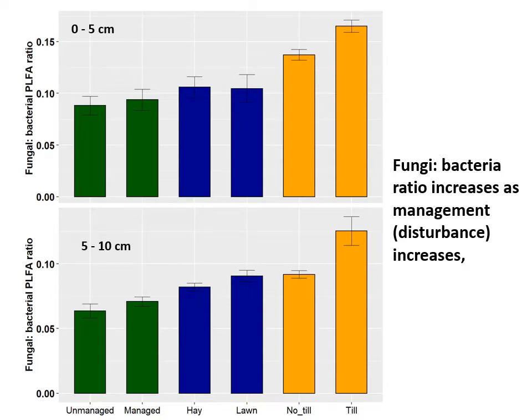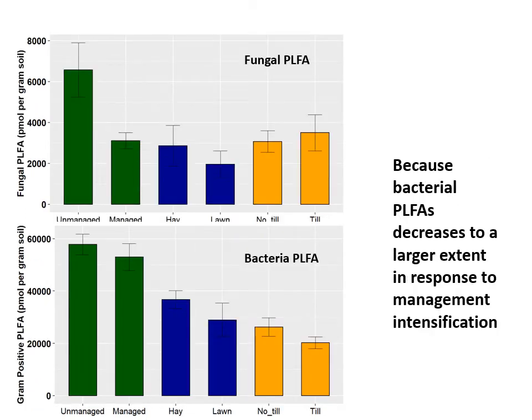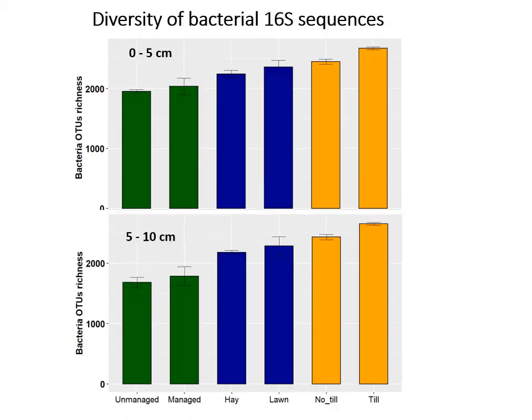This is surprising, and when we look a little bit deeper at the results, we saw that the increase in this ratio is because bacterial PLFA decreases to a larger extent in response to management intensifications. How about bacterial diversity?